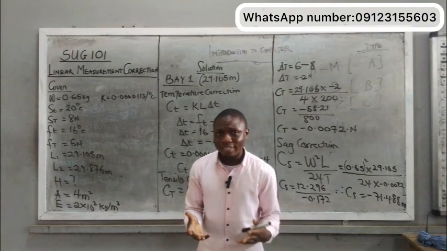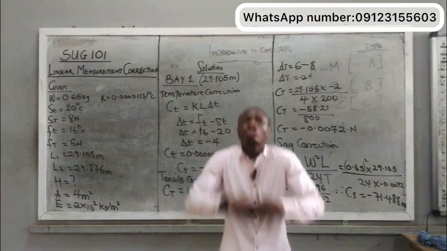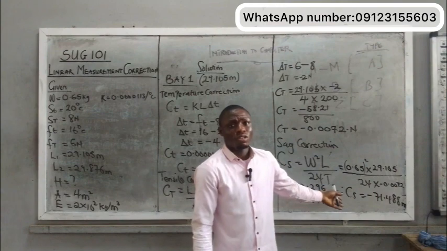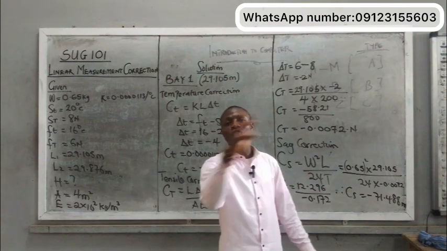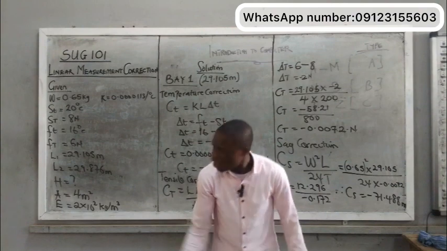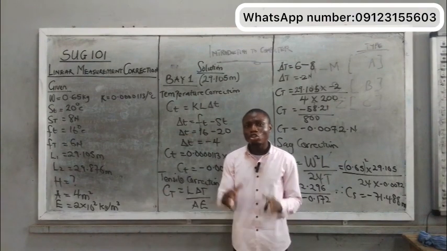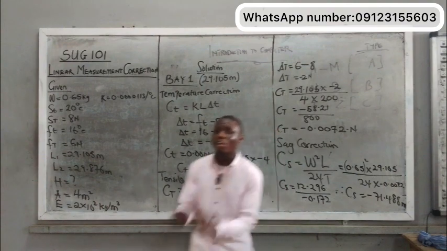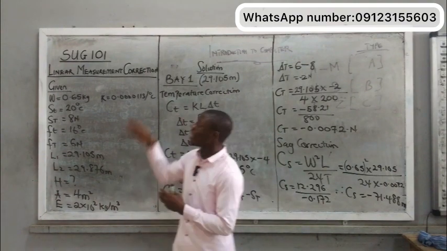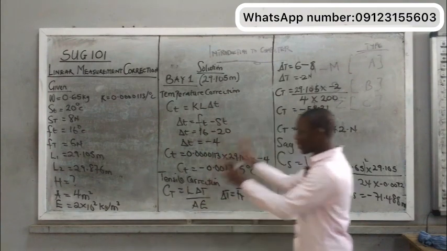I was surprised, but I knew I'm not solving for slope correction. The other people were even solving it, so none of them got it right. So please ensure that you pick that parameter very well, and if you pick it well, it lets you know where I'm going. So this is all I need here.